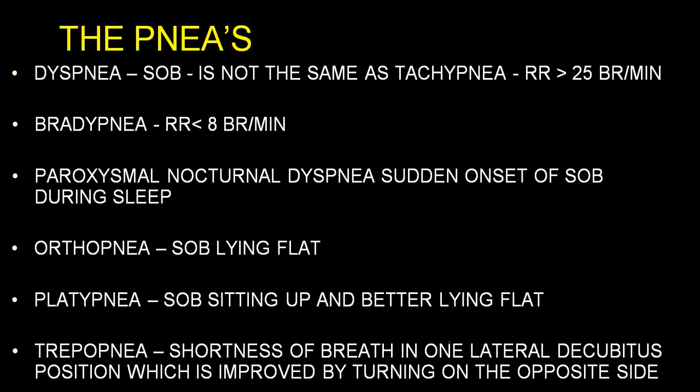And there is one condition we call trepopnea, where the person has shortness of breath in one lateral decubitus position. This is because when the person lies down on the right side, which is the diseased side, he is more comfortable, and when he lies down on the left side, the right side, which is the diseased lung, becomes non-dependent, and he becomes more breathless. That is called trepopnea.